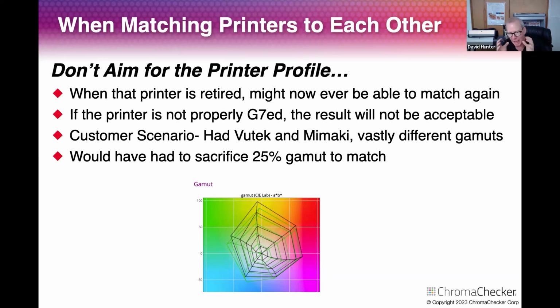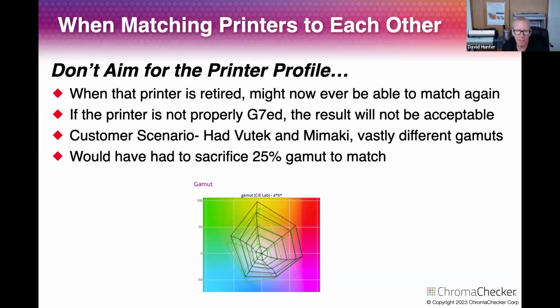And truly, if you want to match these 2 printers, you've got to give up all the extra color that is not common to the 2 printers, which means you'd have to, in this case, sacrifice about 25% gamut, which is a reason to maybe just stay with G7 and go with a common color appearance versus a true color match, depending upon how close your printers line up from a gamut standpoint.